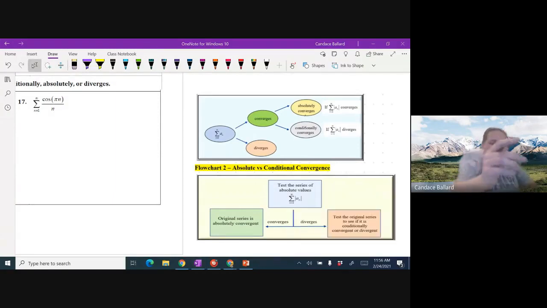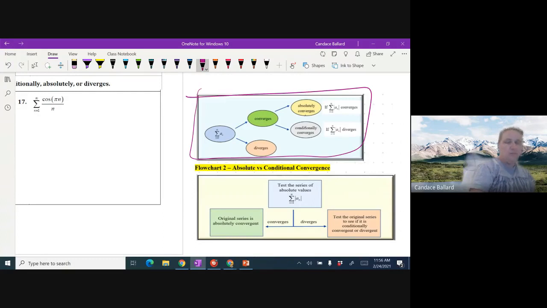Okay, so let's look at this chart. We are going to follow this pattern for our conditionals and absolutes. Typically it's a comparison series on a lot of the ones that are here. I'm going to try to figure out if the series just converges or diverges.